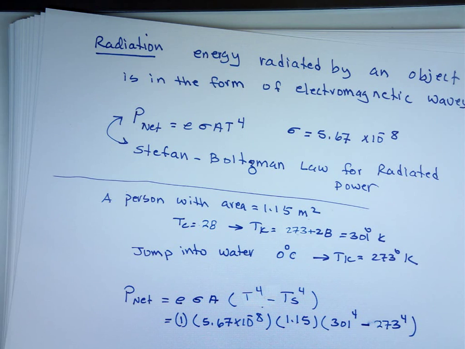You do the math. 301 to the 4th power minus 273 to the 4th power. You multiply that by 1.15. You multiply that by 5.67 times 10 to the negative 8.